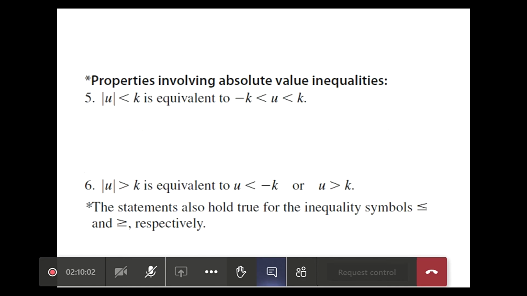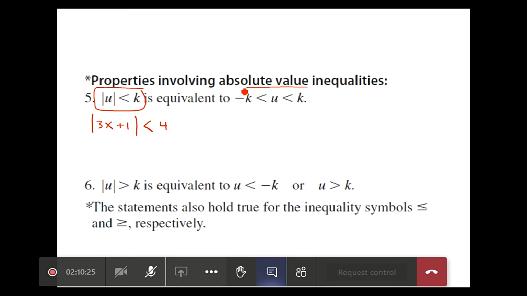Look at this. Sometimes we have absolute value with inequality. For example, the absolute value of 3x plus 1 less than 4. What must we do?